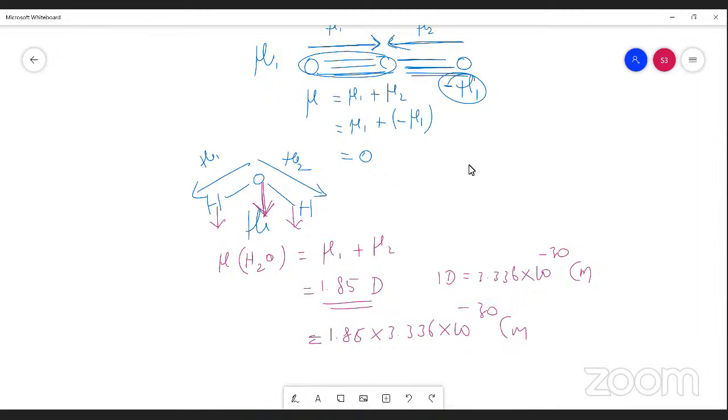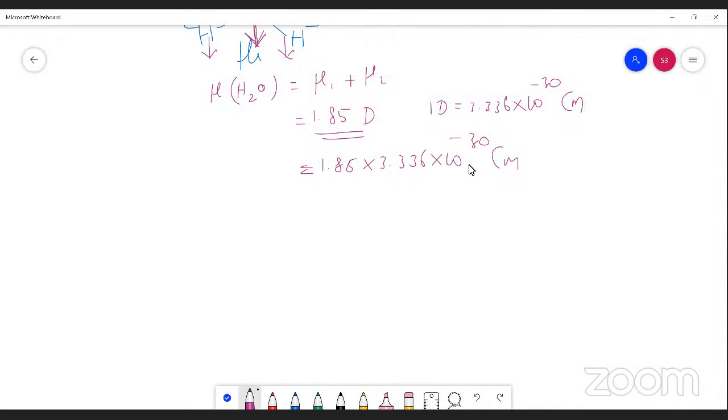The next one. In other compounds, dipole moments are also present. For example, hydrogen fluoride has a dipole moment of 1.91 debye units. Hydrogen chloride has a dipole moment of 1.03. H2O has 1.85 debye units.